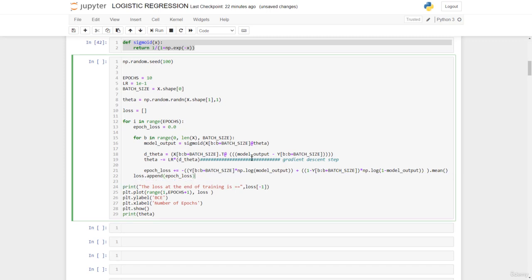So basically that's what we have done here. This is our model output y pred, and this is y target. And with this we have this list which collects all the losses as we go through the different epochs so that we could plot this after.